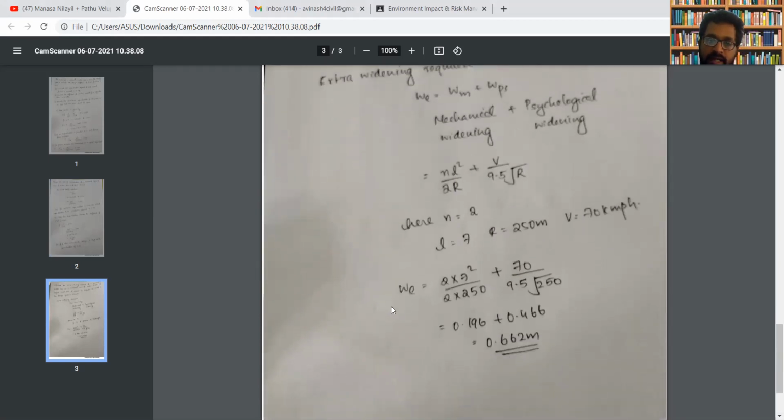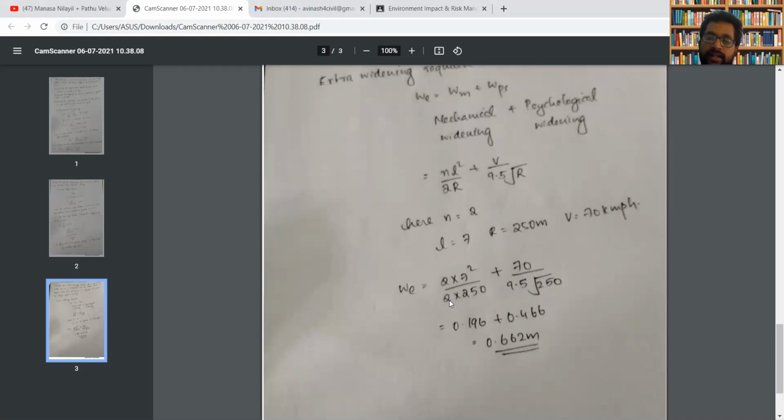So extra widening is equal to nL square by 2R, that is 2 into 7 square divided by 2 into 250, plus V by 9.5 root R, that is 70 divided by 9.5 into root of 250.